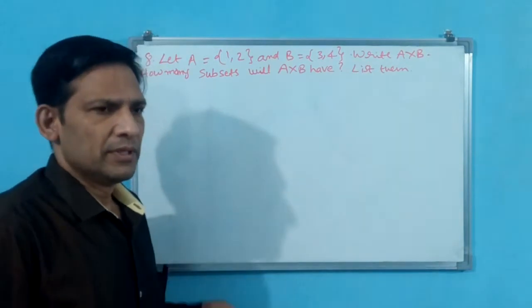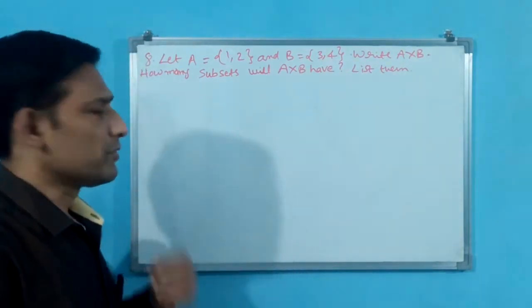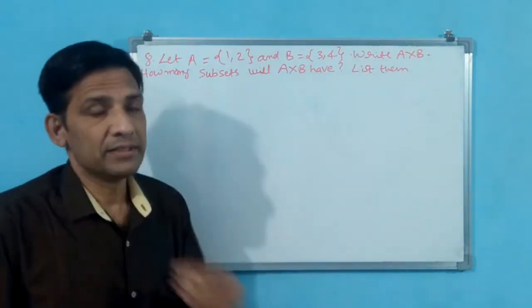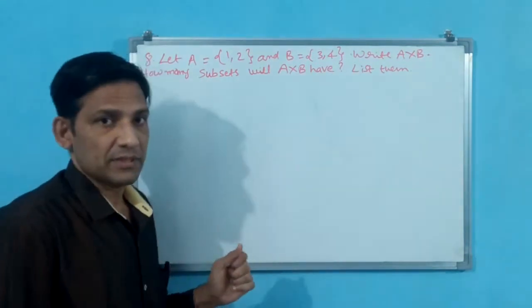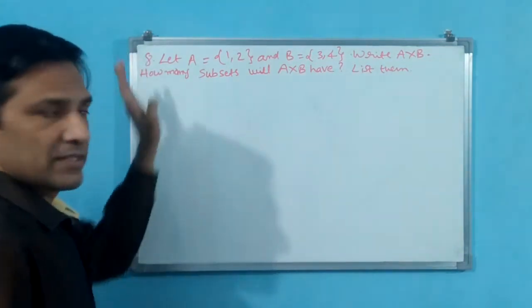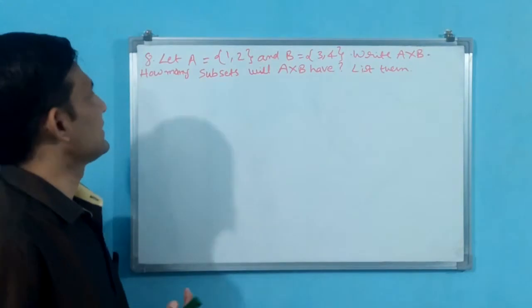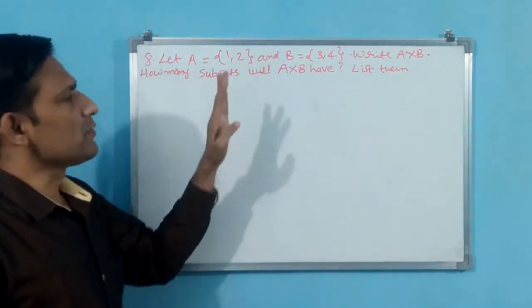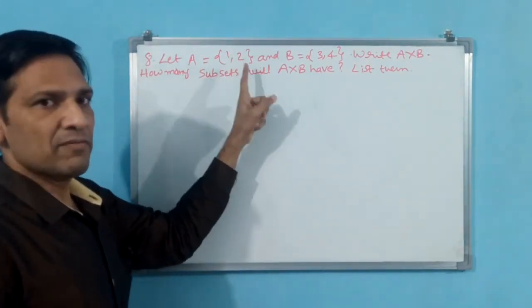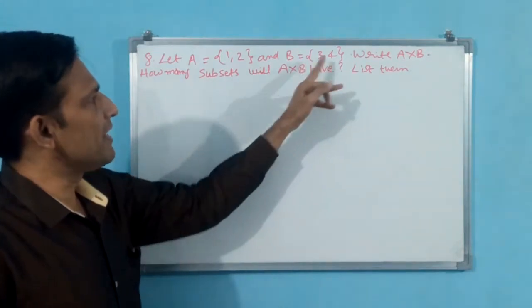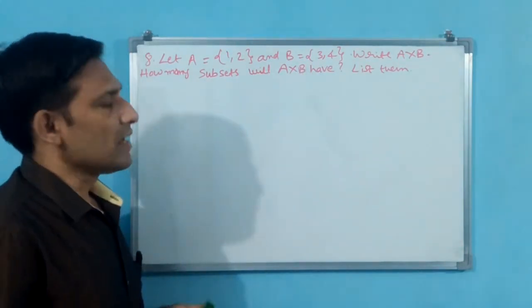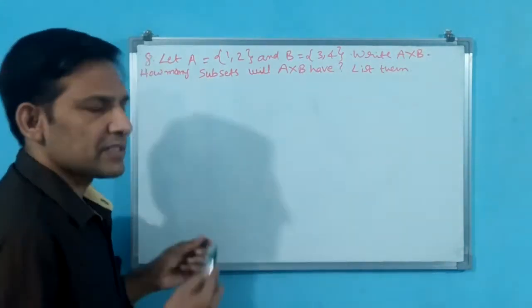Let us do it in a better way also. I am going to tell you how to write it in the examination if this question comes. Let us see first one by one. What they have asked: A is equal to 1, 2, a set having 1, 2 as elements. B is a set having 3, 4 as elements. Write A cross B. This is very easy.